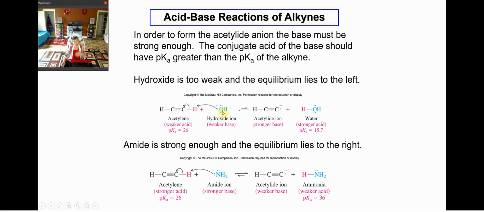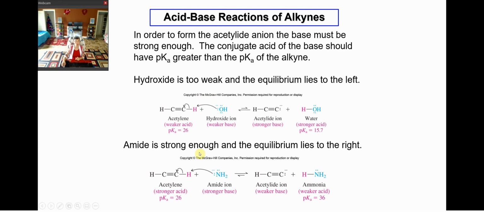With a weak acid and a weak base, the forward reaction is not favorable. When you produce this acetylide anion, this carbanion, the reaction barely occurs. So the forward reaction is not favorable, and the reverse reaction to the left-hand side is favorable.